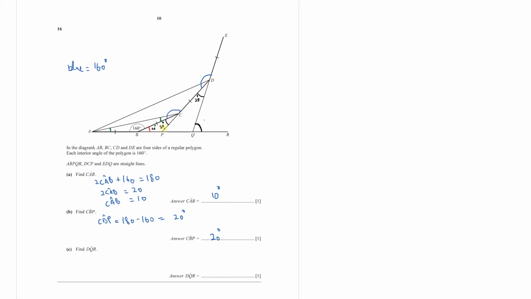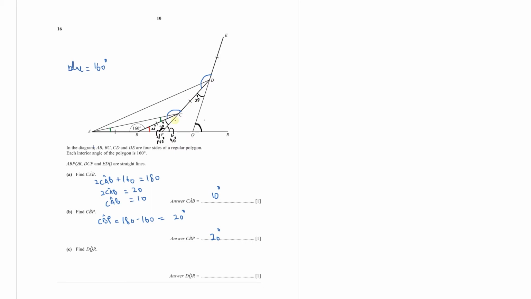This gives me this angle here, angle CPB. This would be 180 minus 40, which is 140 degrees. So if this is 140, then this angle DPQ would be 40 degrees.